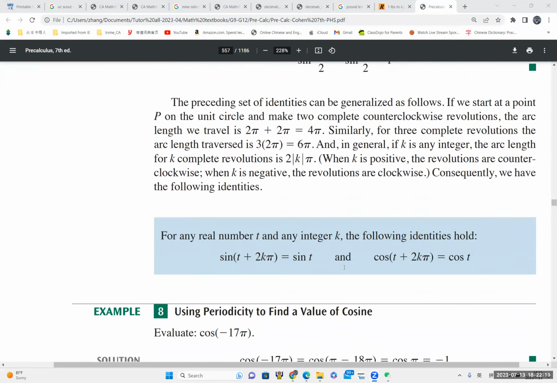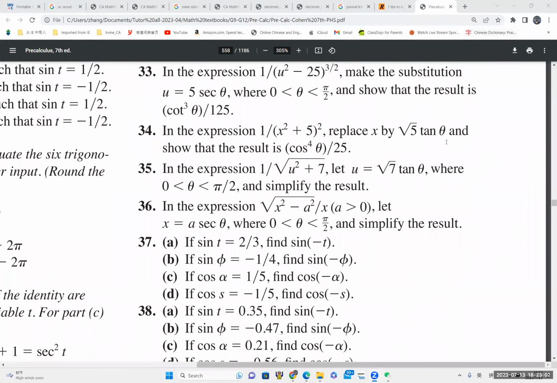Let's do 33. Okay, make the substitution and show that the result is this.